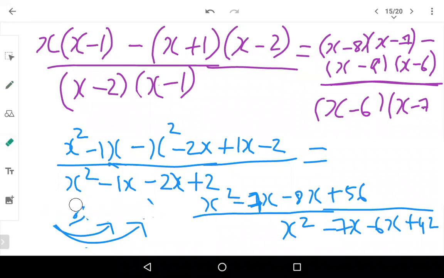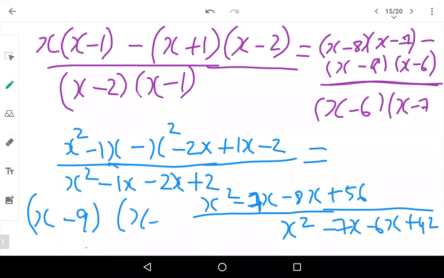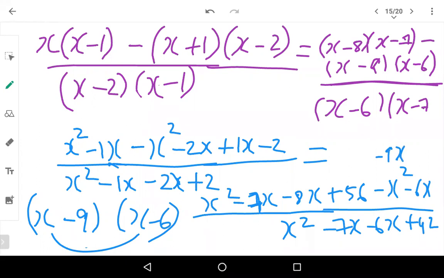Now let us also find the expression for the next term, that is x minus 9 into x minus 6. So x into x, again x square, but be careful of the sign in the center. So minus x square again, and then x into minus 6 is minus 6x, and then minus 9x, and then you have plus 54.